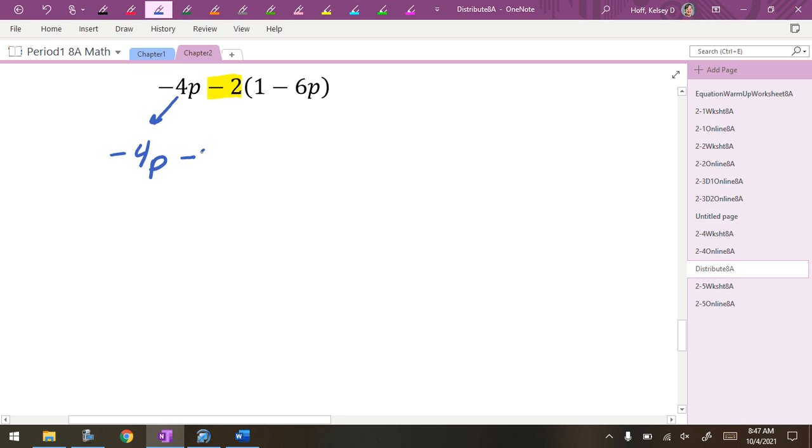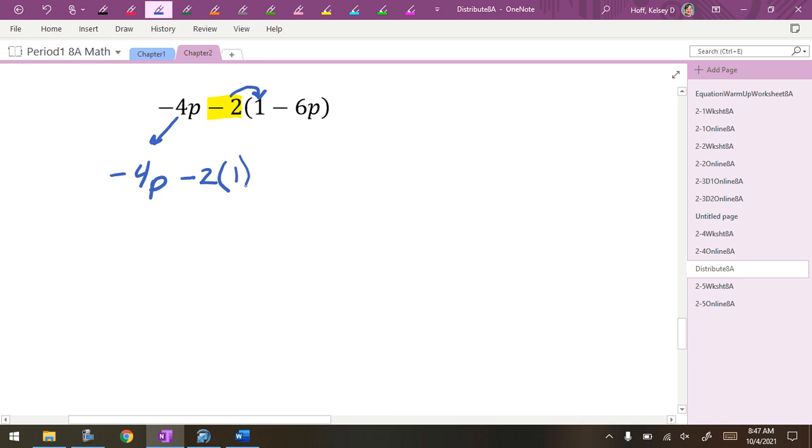You're going to take -2 times 1 and -2 times -6p. Great job. I'm going to give everybody a second to get this written down. -4p just comes straight down, and then -2 times 1 and -2 times -6. Caitlin's already prepared because she knows that she's going to be the multiplication lady on this one. Now, -4p just gets dragged straight down.